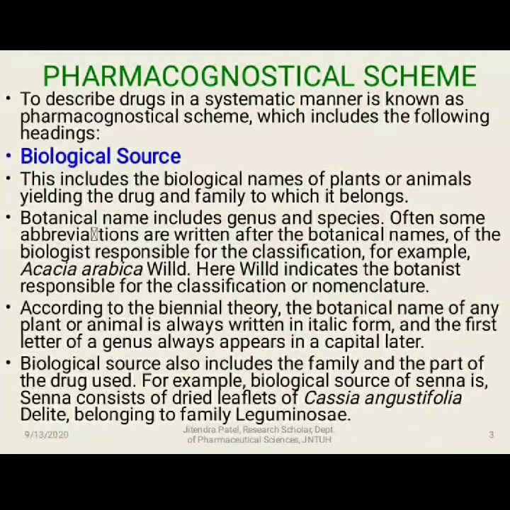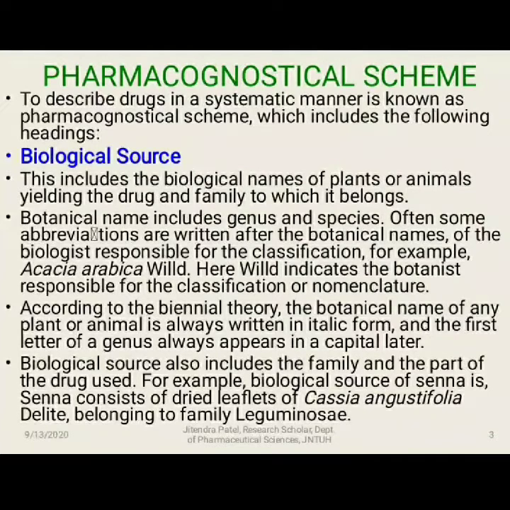Cassia angustifolia Vahl is the genus and species name, where C is the capital letter in the genus Cassia and angustifolia is the species name, belonging to family Leguminosae. So Leguminosae is the name of the family to which this drug belongs.